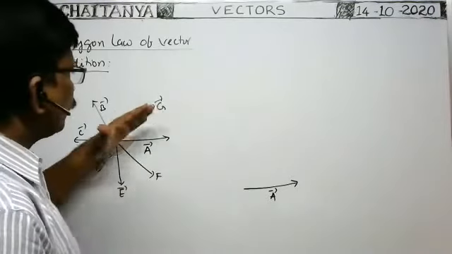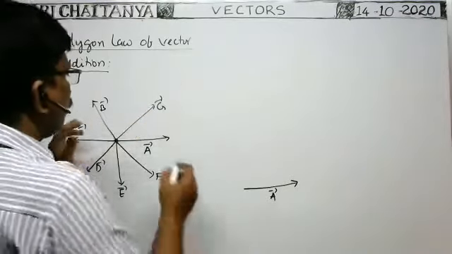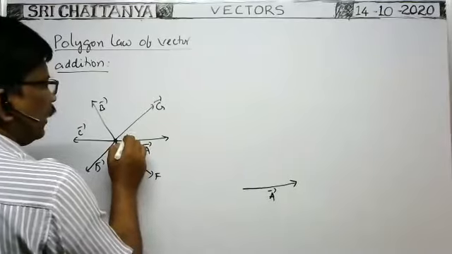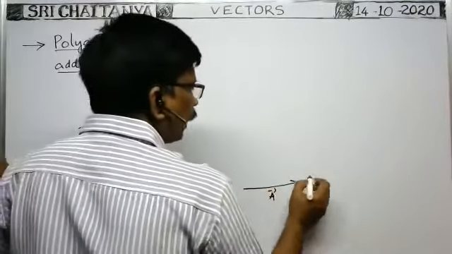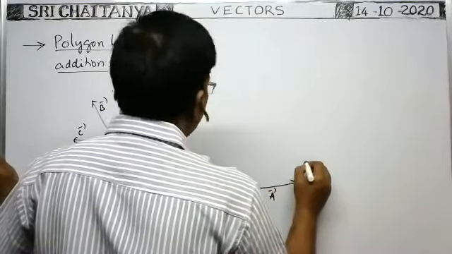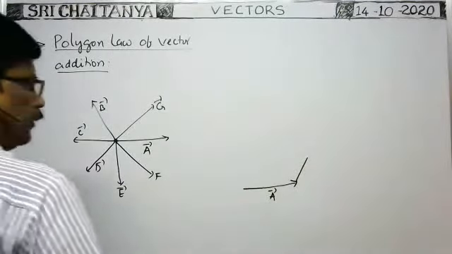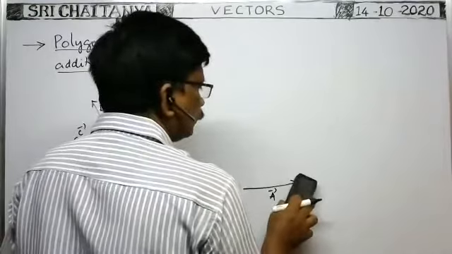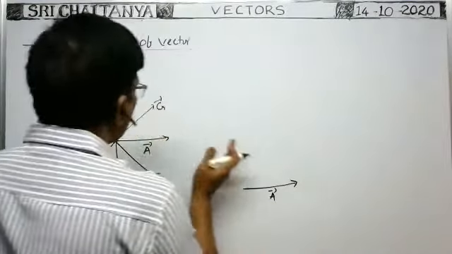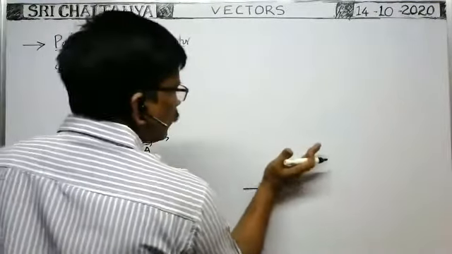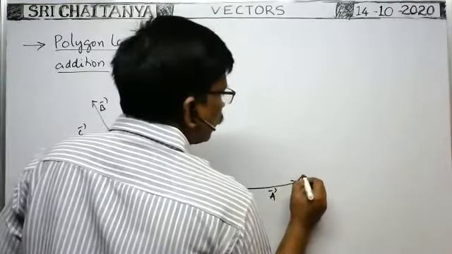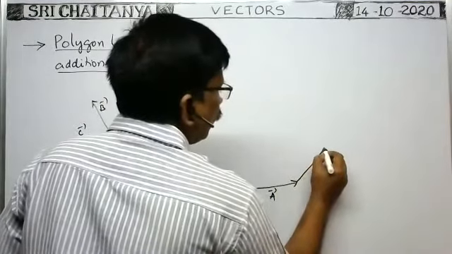Next, from this point, G bar is in this direction. Here, suppose the angle is 30 degrees. Here also, with A bar, by making 30 degrees only, you take the G bar vector, parallel to this side. It is G bar.